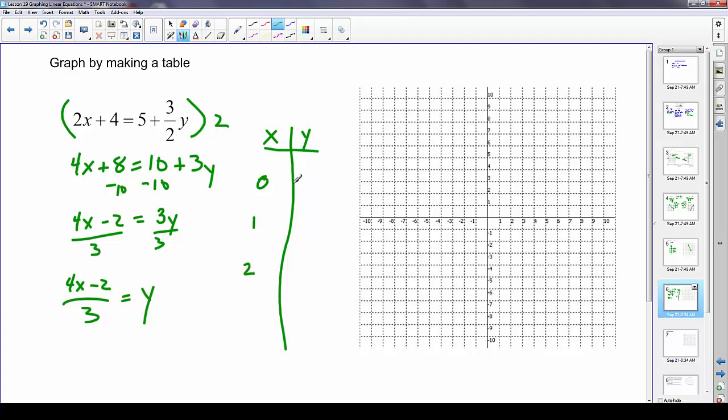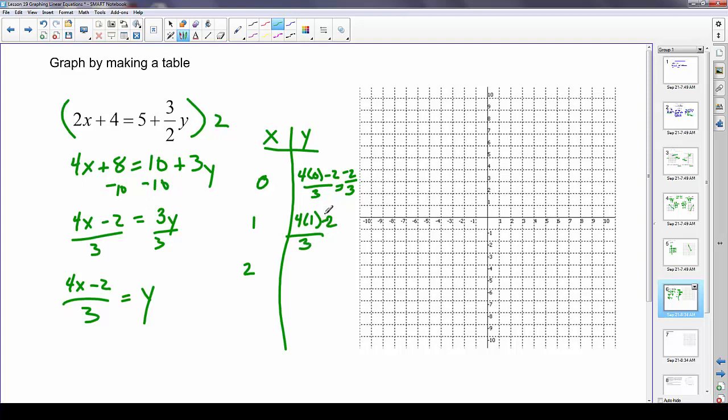I'll pick the numbers 0, 1, and 2 again. So when I plug in a 0, I have 4 times 0 minus 2 over 3. And this ends up equaling, what is that? Negative 2/3. When I plug in a 1, I have 4 times 1 minus 2 over 3.